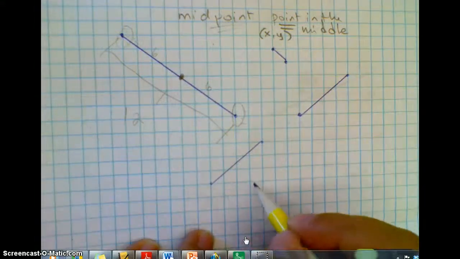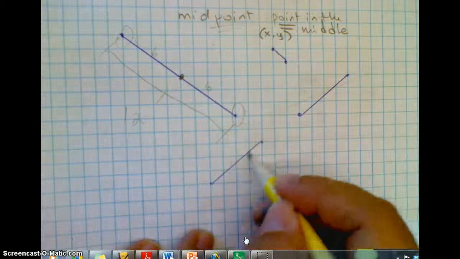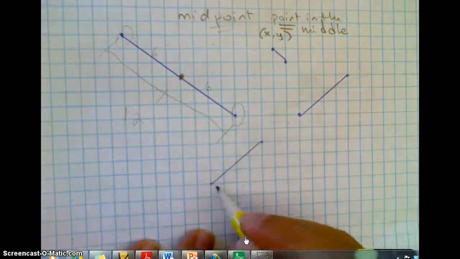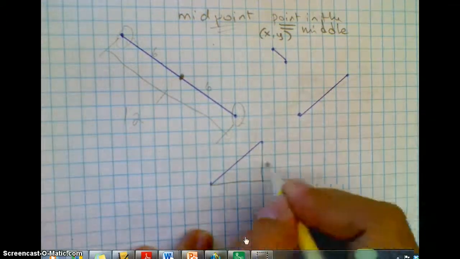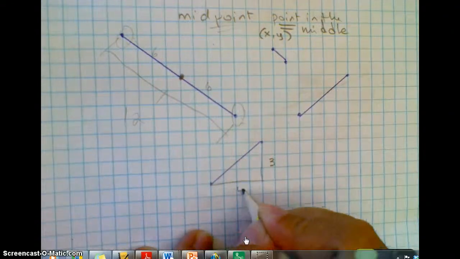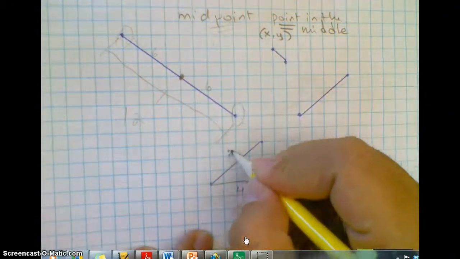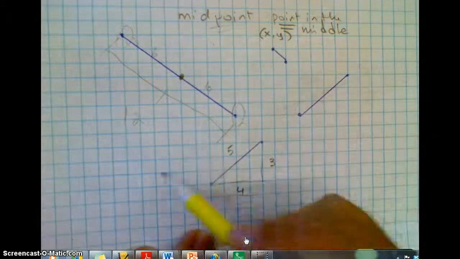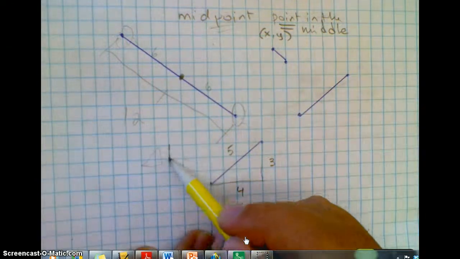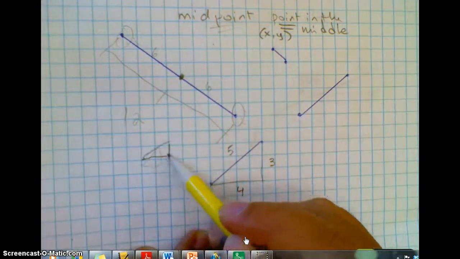In here, for example, what would be the length of something like this? If I don't have coordinates, I can always use my Pythagorean theorem. This is 3, and this is 4, so I know for sure this is 5. It doesn't work out the same way if I have a triangle that measures 1 and 2, where the hypotenuse is 3; that doesn't work that way.